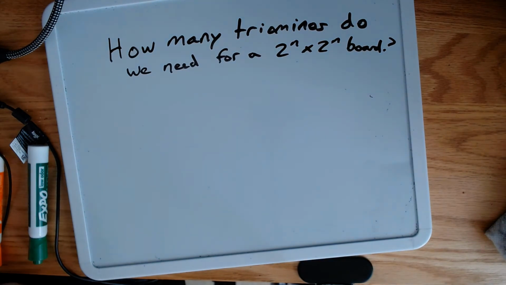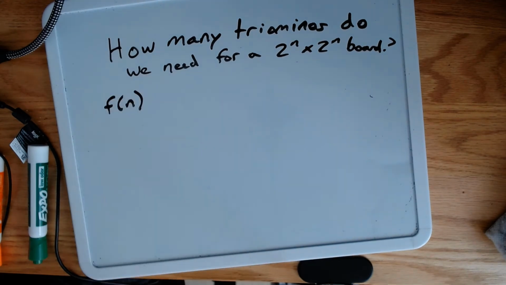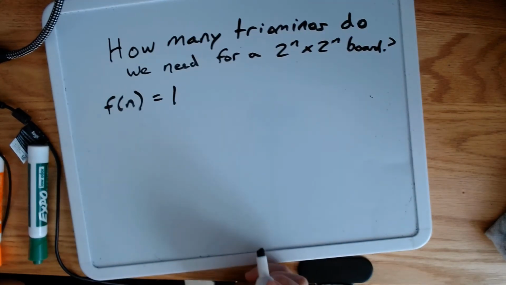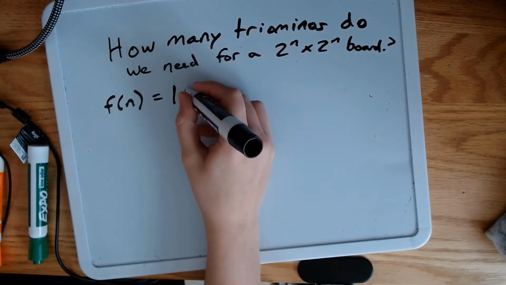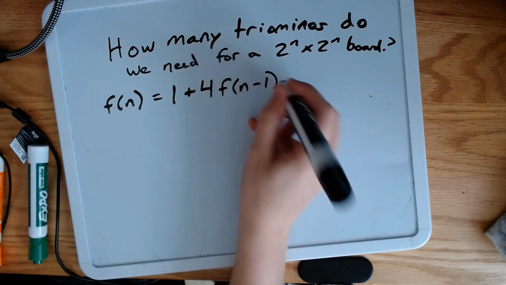There are multiple ways to answer this, but one of them uses our algorithm. So let's say the number we need is f of n. Now, in our algorithm, we were placing one triomino at the center and then splitting into 4 smaller boards.